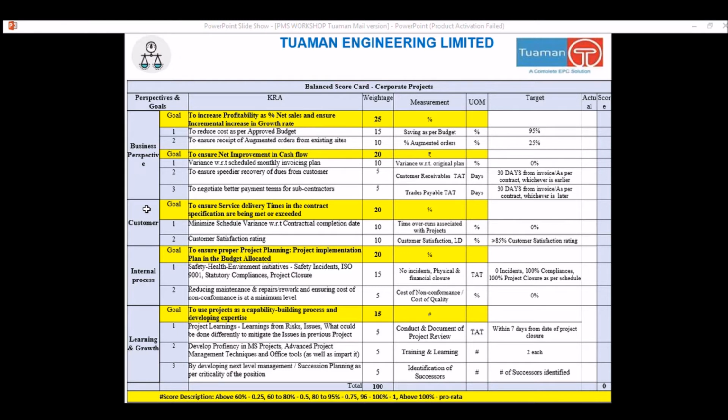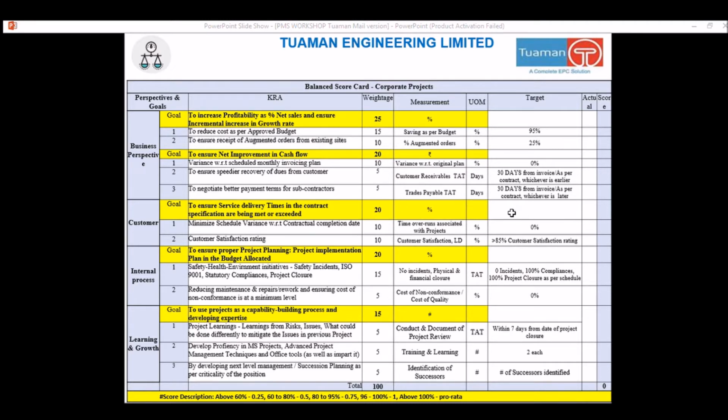You make a schedule of delivery and want to minimize the schedule variance to the contractual completion date. The measurement could be time overrun associated with the project, the unit of measurement is percentage, and the target is 0%, which means you have taken a 0% target for time overrun.